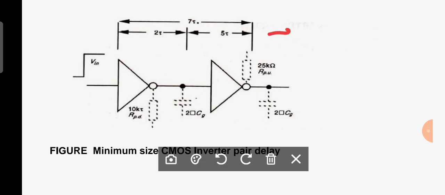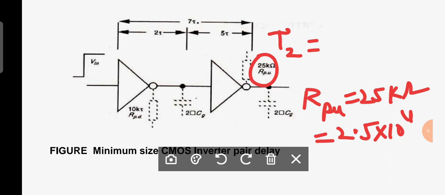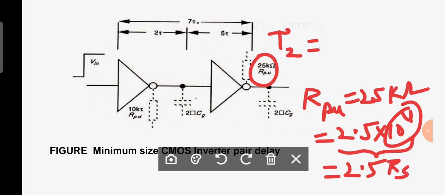Then similarly, I am going to calculate the delay for the second stage. You may observe that the pull up resistance is 25 kilo ohms there. Then you can write 2.5 into 10 to the power of 4, which is sheet resistance. You can say 2.5 Rs.